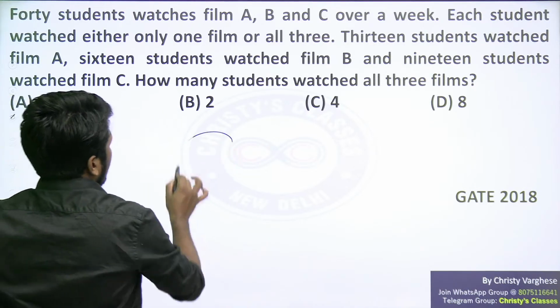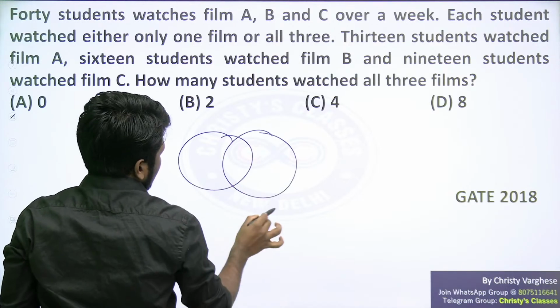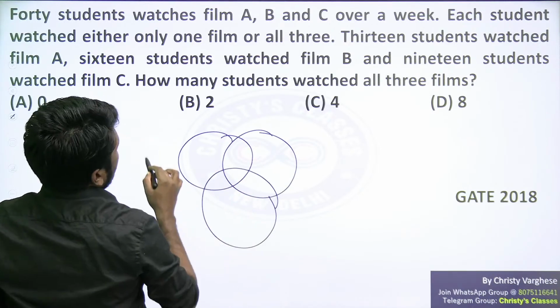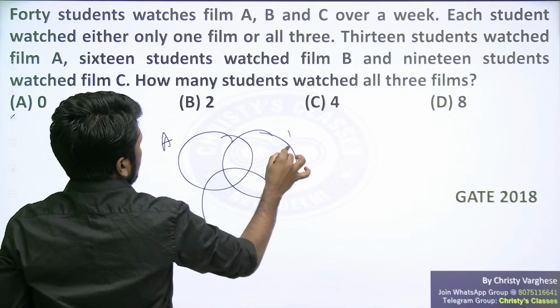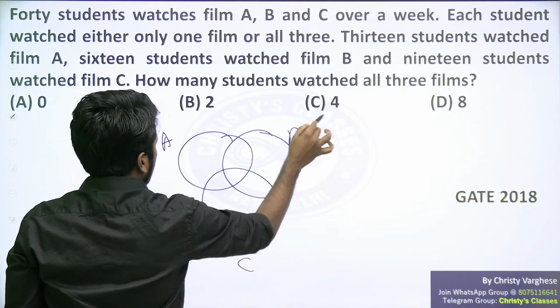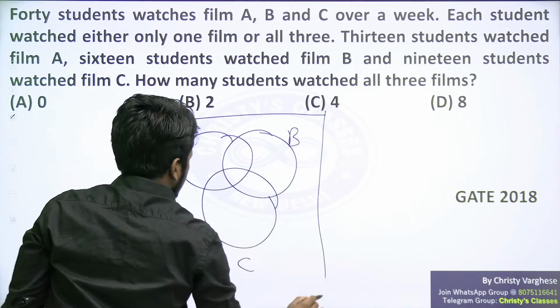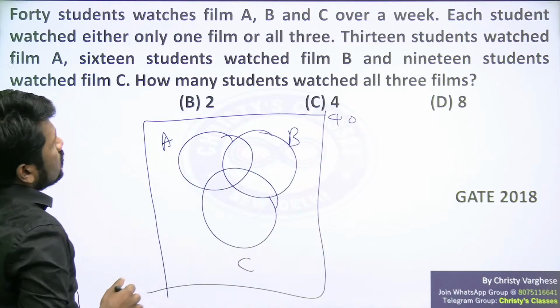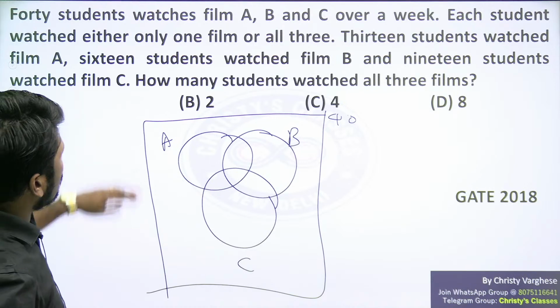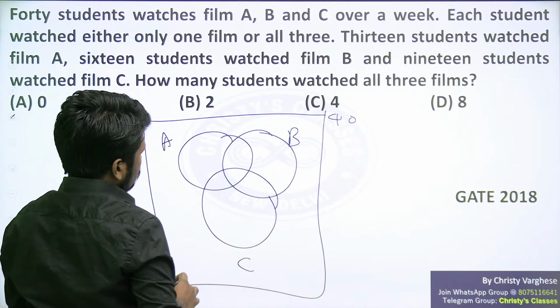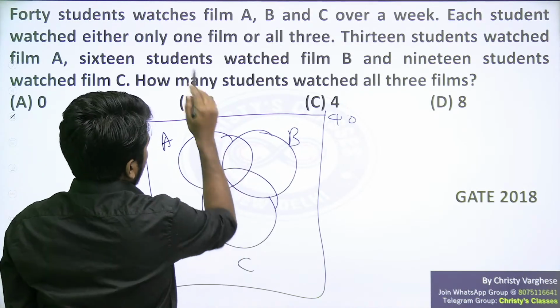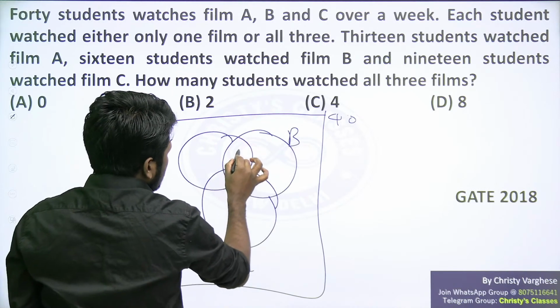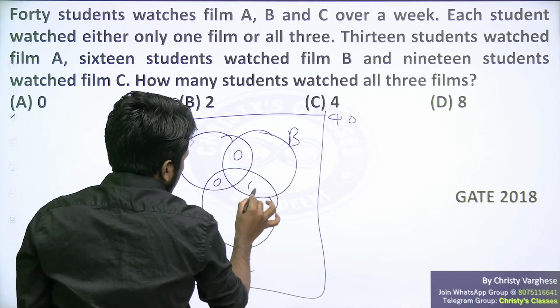So in the Venn diagram, there are 3 elements: A film watching people, B film watching people, C film watching people. Total universal set is 40. It is given total 40 students. Each student watched either only one film or all 3 films, which means this is 0, this is 0, this is 0.